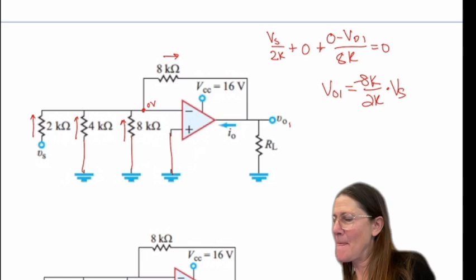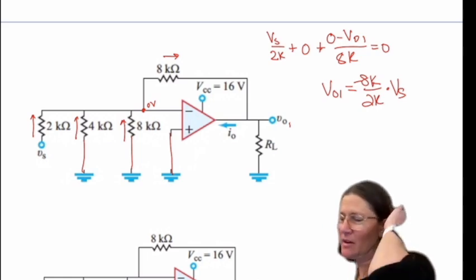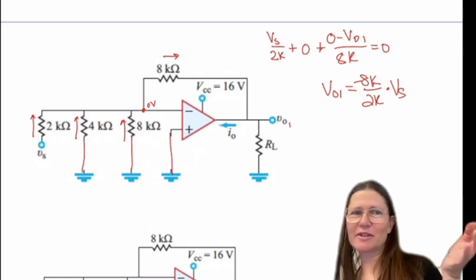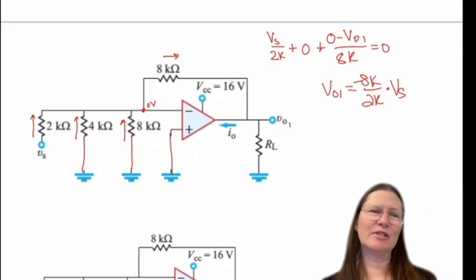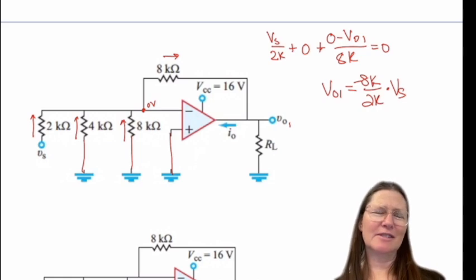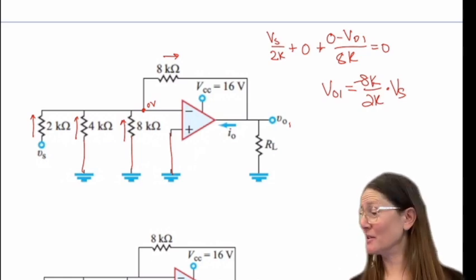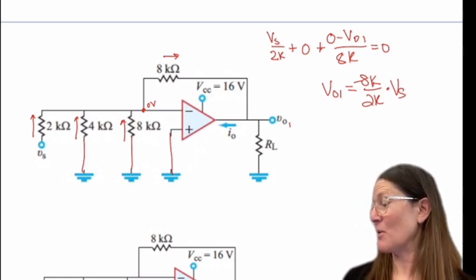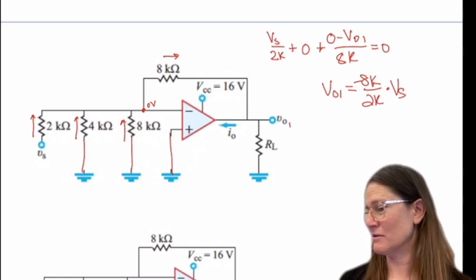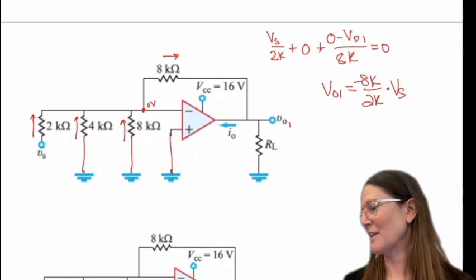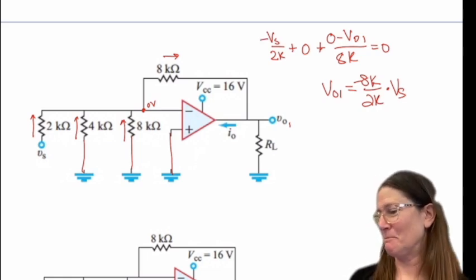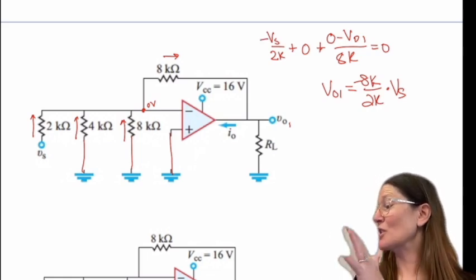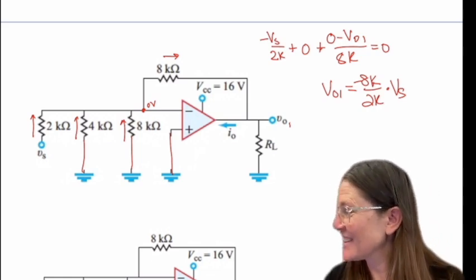Going from the node, 0 minus Vs over 2K. The way I have it drawn, you could say it's Vs minus 0 over 2K. I've drawn a blank here. Minus, so that would give you the negative if you did it outward. Oh, you're right, thank you. Okay, yep. So it should equal each other, that's why.